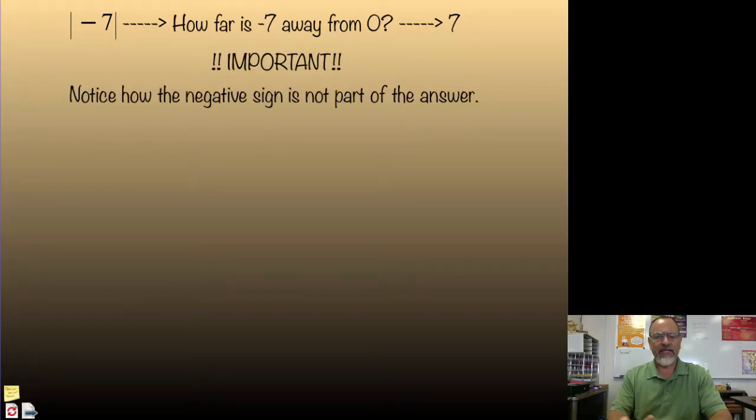The negative sign really just tells me which direction to go, and we'll talk about that in a moment. The absolute value question is, how far do I go? Doesn't matter the direction. Is it to the right, to the left? Doesn't matter. How far do you have to go? 7 units. So the simplified answer is 7 units.